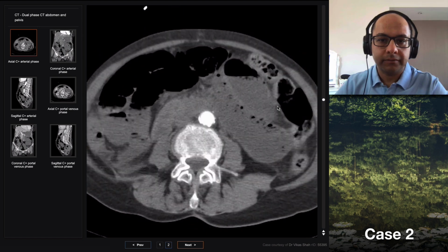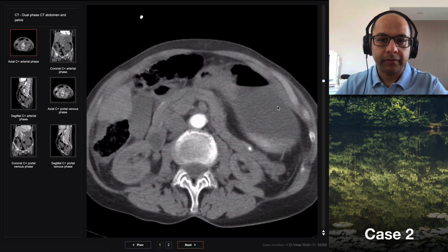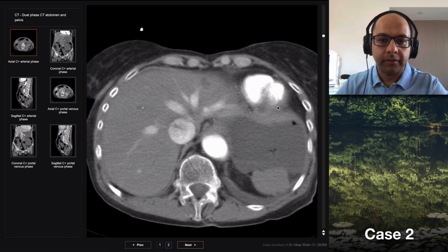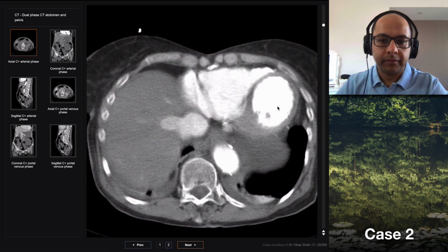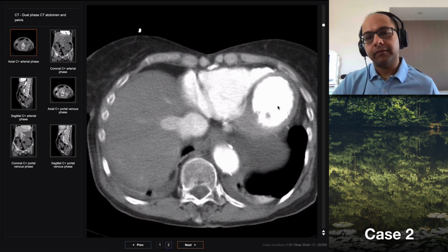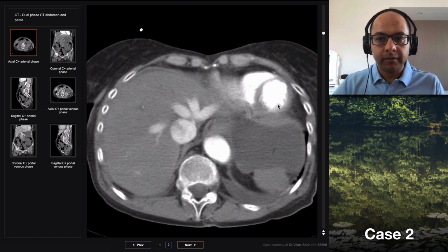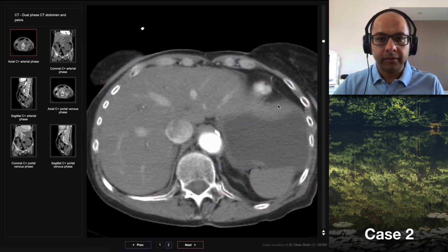So looking first at the arterial phase scan, just going from top to bottom, we can see the heart's enlarged. There's a small bilateral effusion and a bit of atelectasis in the right base. There's also some contrast in the hepatic veins. This patient's probably got a bit of heart failure.